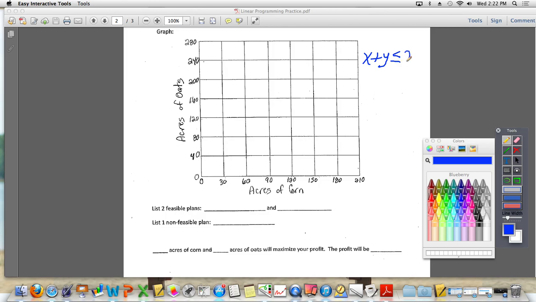What do you do to solve for y? Minus the x. So y is less than or equal to 240 minus x. Type it into your calculator: 240 minus x.